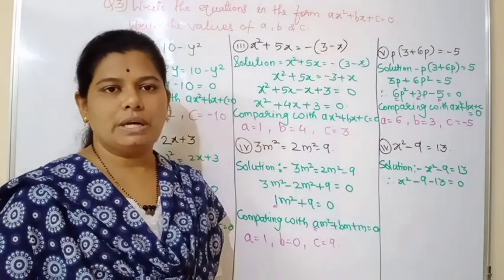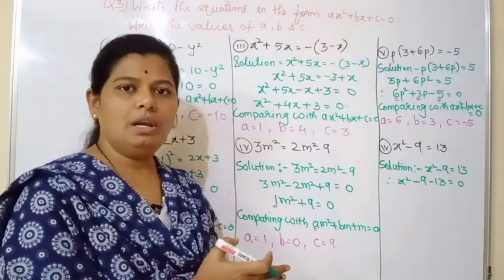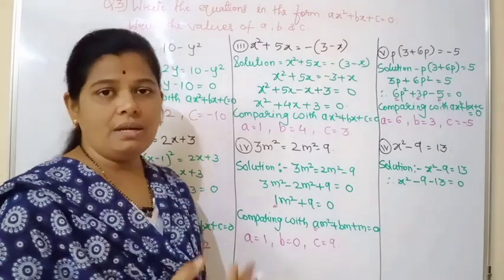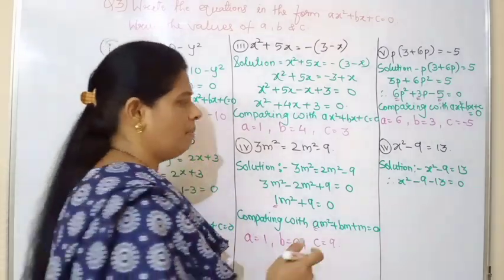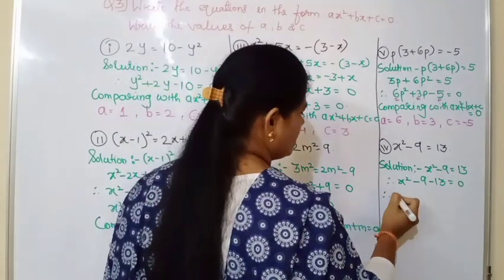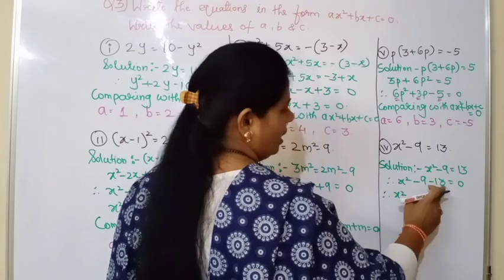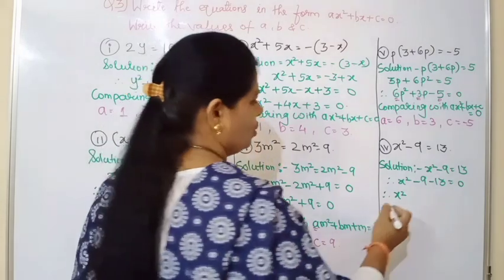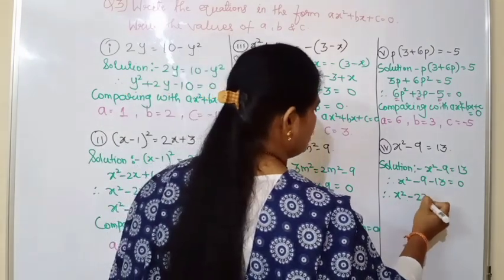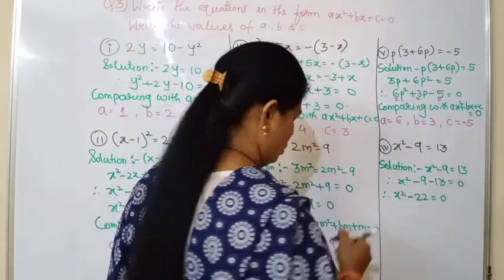The 13 which is towards the right hand side will come towards the left hand side. Now minus 9 minus 13: minus minus plus. So 13 plus 9 is 22. Greater number is 13, and 13 has the minus sign, so our answer will be minus 22 equal to 0.